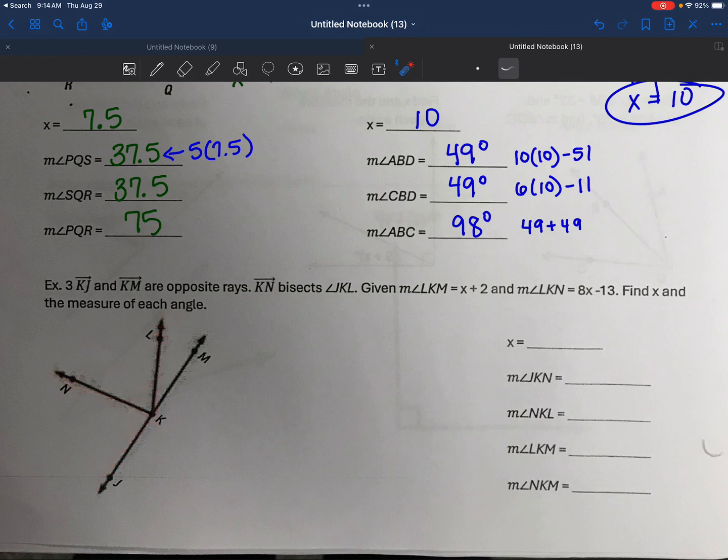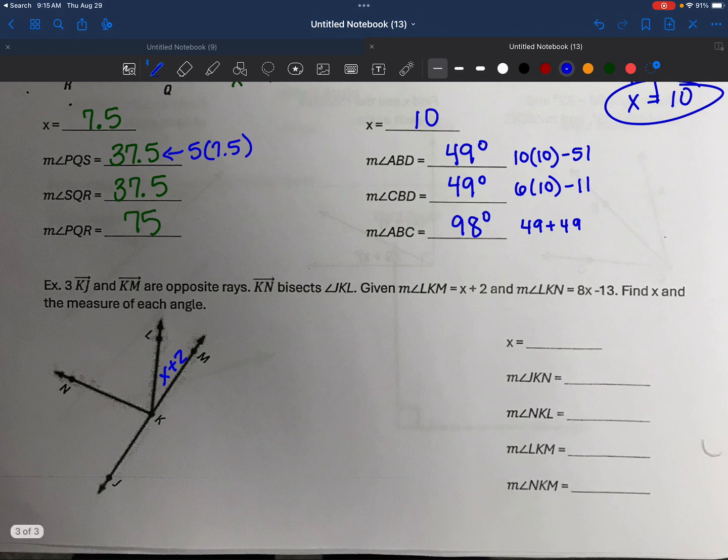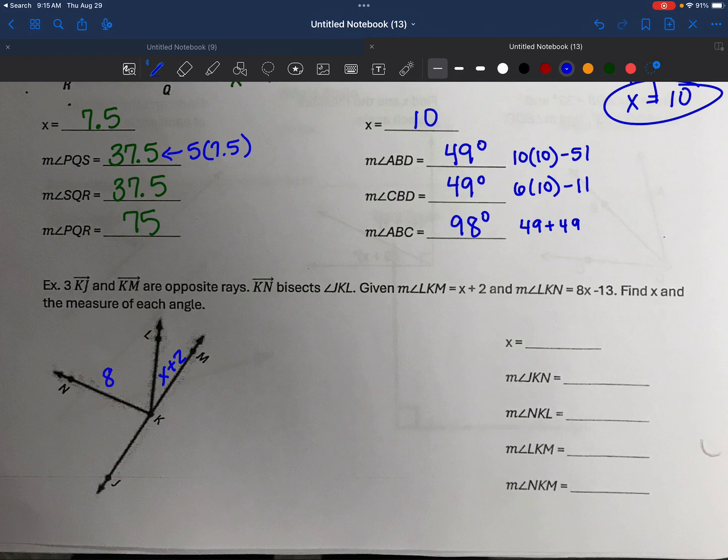KN bisects JKL, right here. So what do I know about this angle and this angle? They are congruent. Okay. Now they're going to give you some things to plug in. LKM, this small angle here, is x plus 2. So let's write that in. X plus 2. And then the measure of LKN is 8x minus 13.